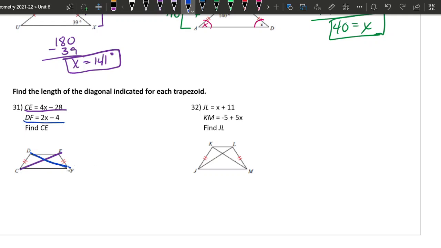Since that's an isosceles trapezoid, I know these two are congruent, so CE is equal to DF. CE is 4x minus 28 and DF is 2x minus 4.